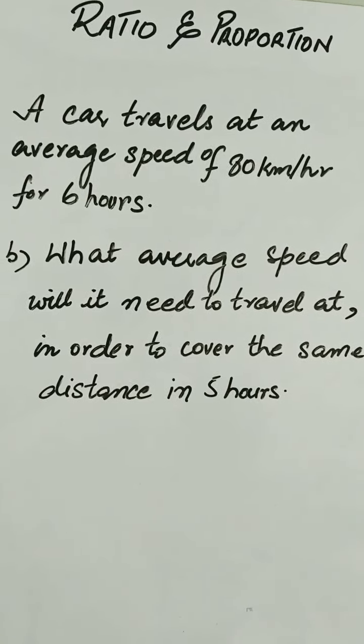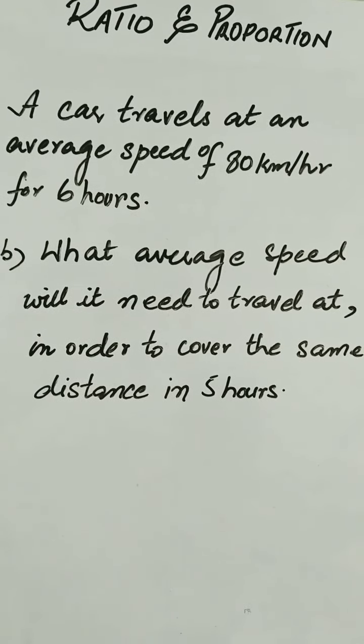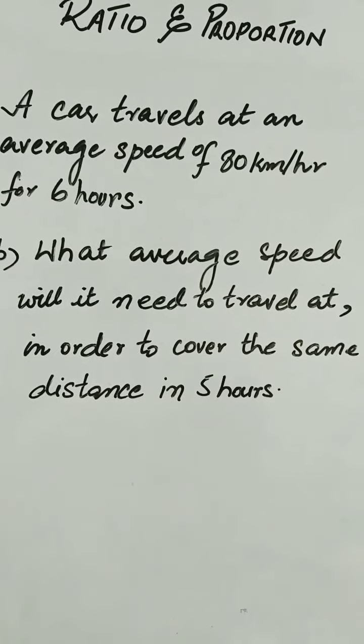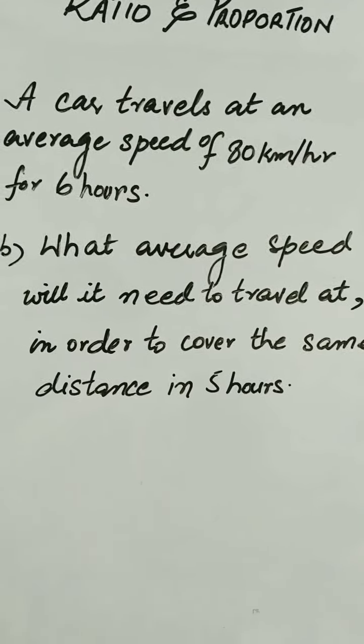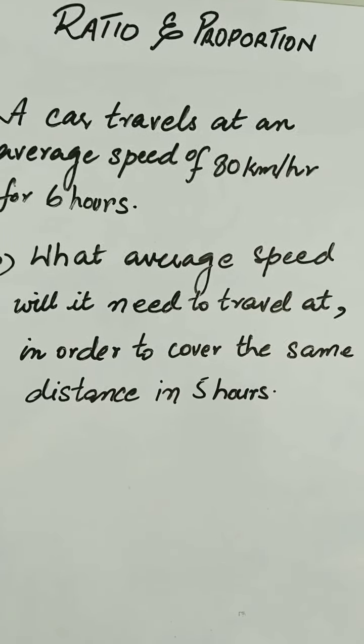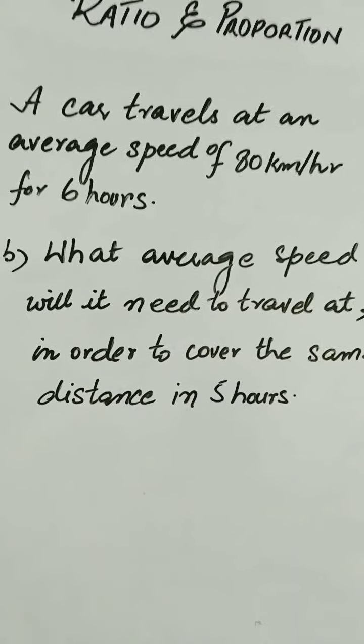In the next part it is saying what average speed will it need to travel at in order to cover the same distance in 5 hours. So here we have the hours and the distance, but we need to know the speed.